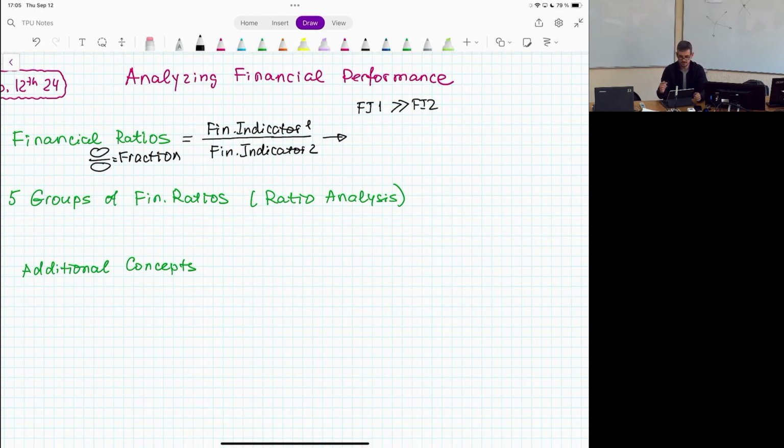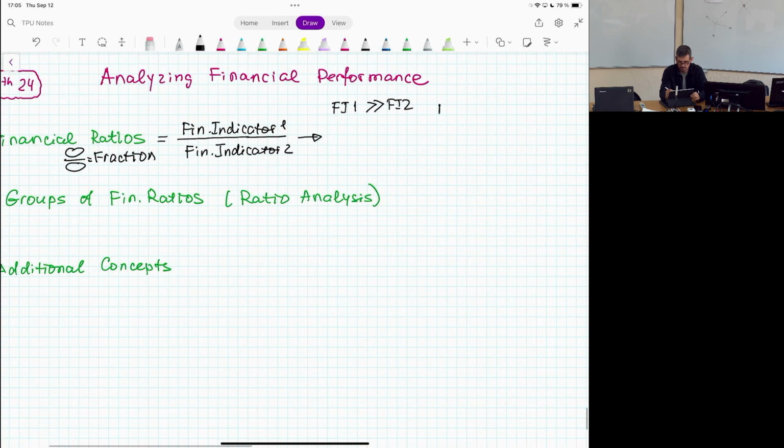In this case, these financial ratios will be called multiples. So it's 1, 2, 3, 10, big numbers.